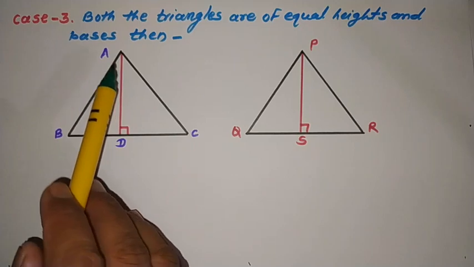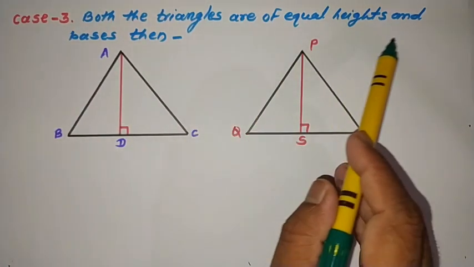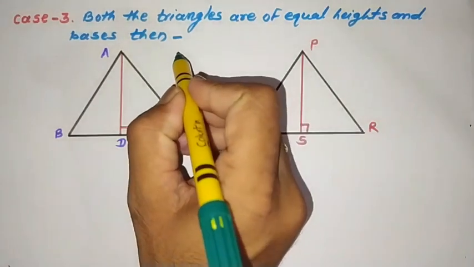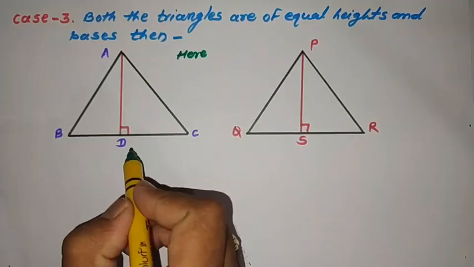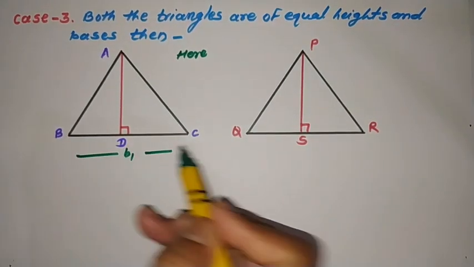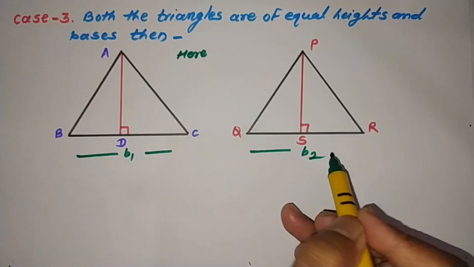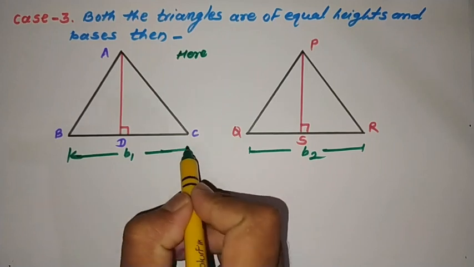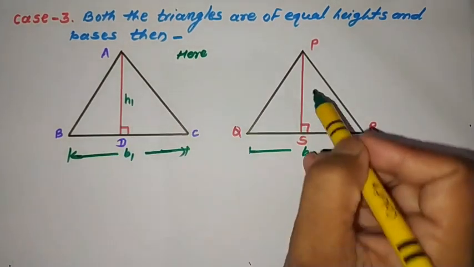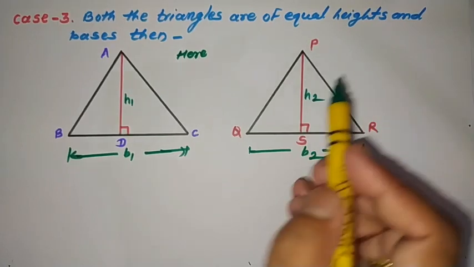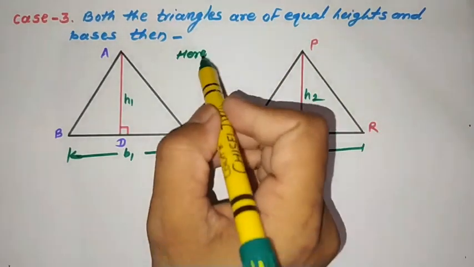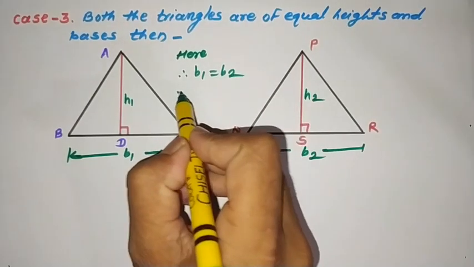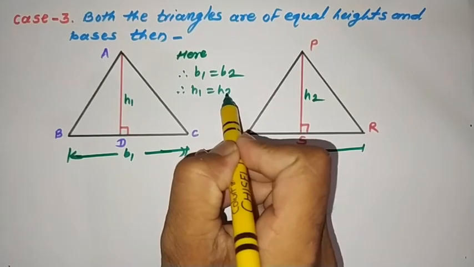Case number 3, both the triangles have equal heights and bases. The base of first triangle is B1 and second triangle base is B2, and height of first triangle is H1 and second triangle is H2. Here B1 is equal to B2 and H1 is equal to H2.